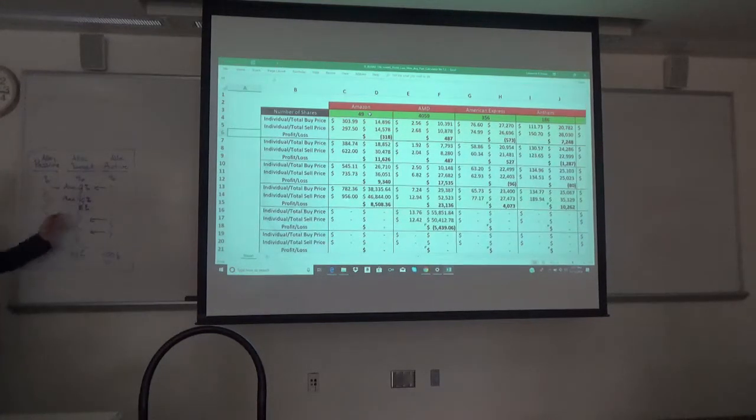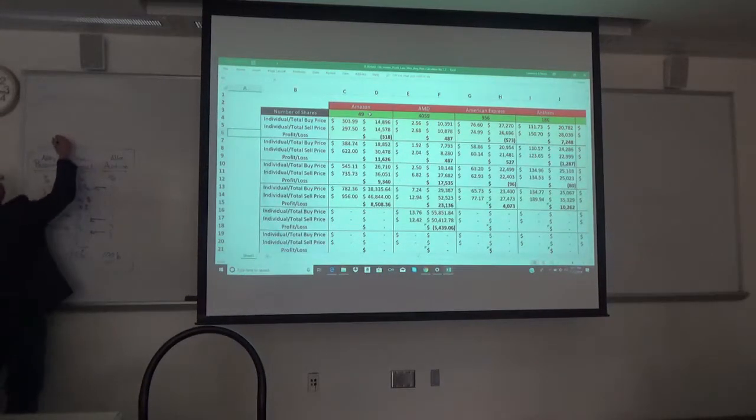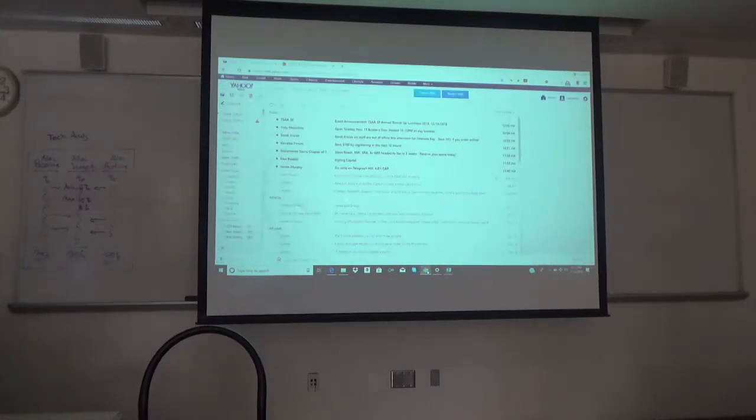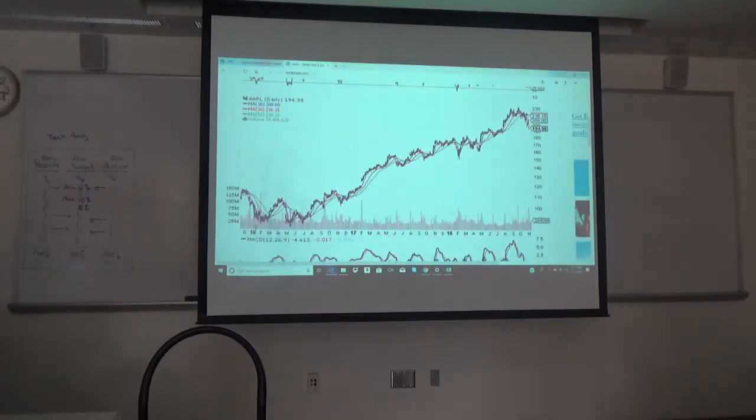Between the two strategies. Then I would look at the technical analysis and see if there are any stocks that are in some type of strong upward trend.